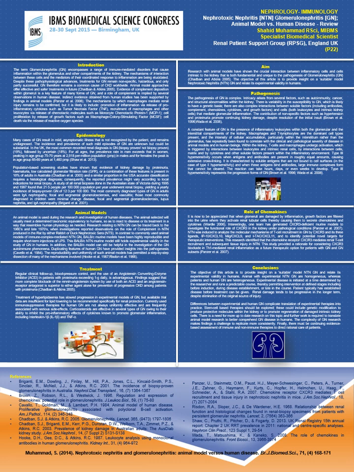A constant feature of GN or glomerulonephritis is also the presence of inflammatory leukocytes within both the glomerular and the interstitial compartments of the kidney. Macrophages and T lymphocytes are the dominant cell types present, and intensity of cellular accumulation, particularly within the interstitium, rather than the glomerulus, has repeatedly been found to correlate with the clinical and pathological severity of disease in animal models and in human beings.